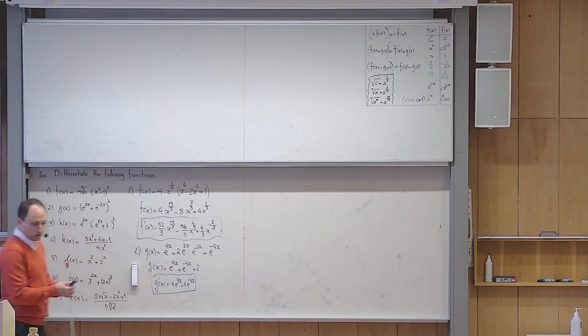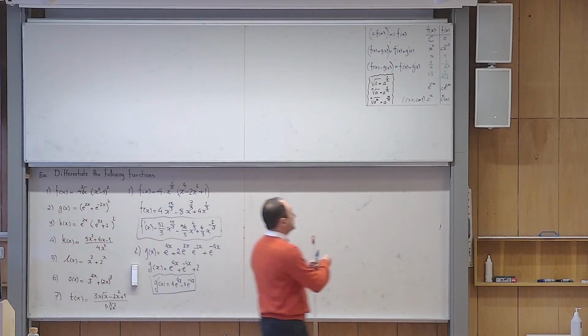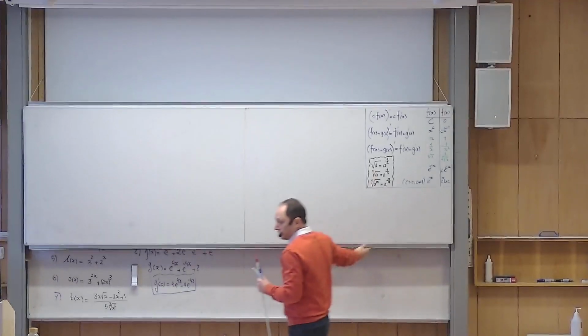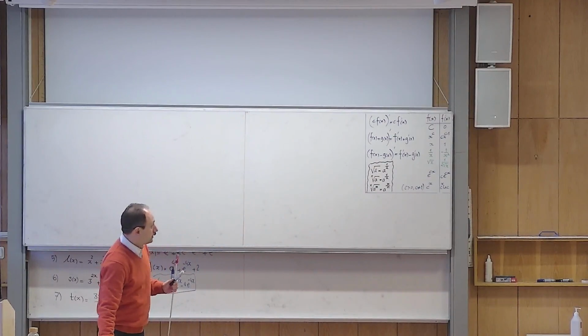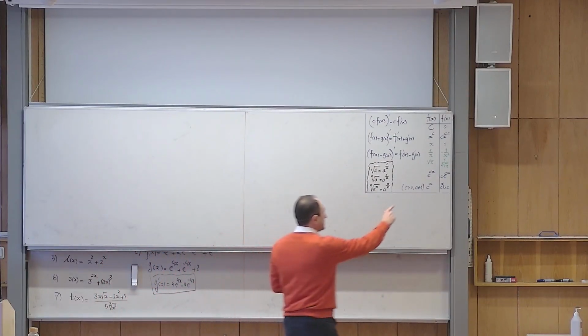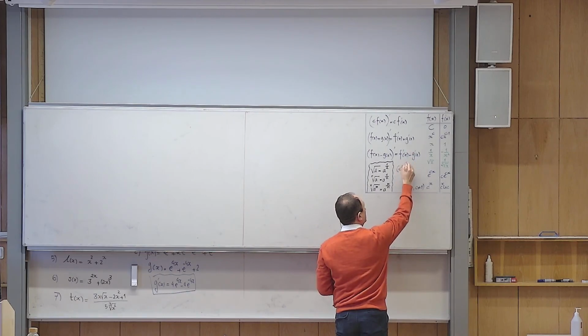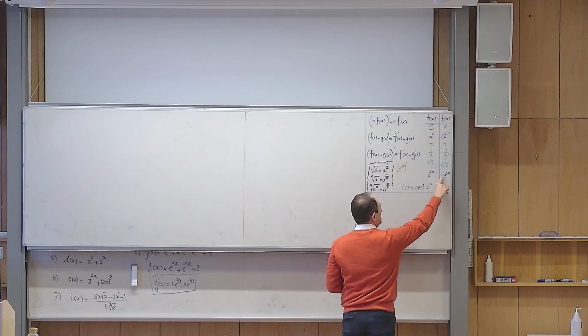It is also good to know these formulas here. These are special cases. If I choose C to be 1, then this becomes the function e to the power of x. If I want to take its derivative, C is 1.